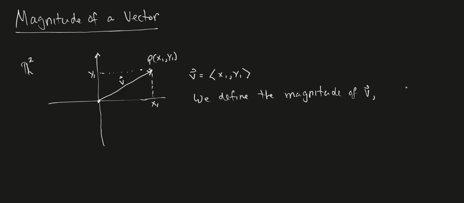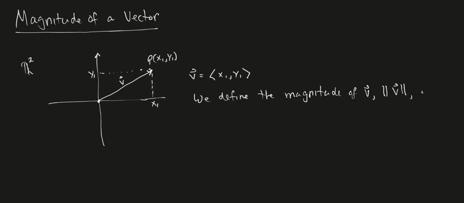Here's the notation that we're going to use for the magnitude: these double bars. They look like double absolute value bars, but so as not to confuse them with the absolute value, we're going to double them up. So this is the notation that we will use for the magnitude of the vector, and the way it's defined.